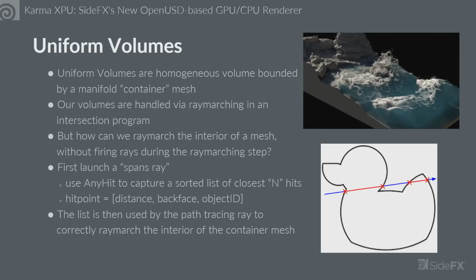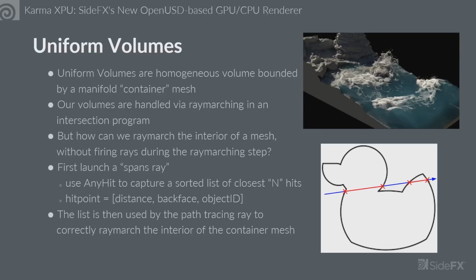Up next is uniform volumes. So uniform volumes are homogeneous volumes bounded by a manifold container mesh and are often used for oceans and water. As shown in our previous architecture talk, our volumes are handled by ray marching in an intersection program. But how can we ray march the interior of a mesh without firing rays during the ray marching step, because OptiX doesn't allow for that?